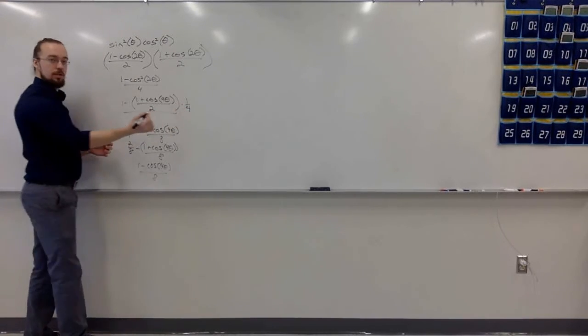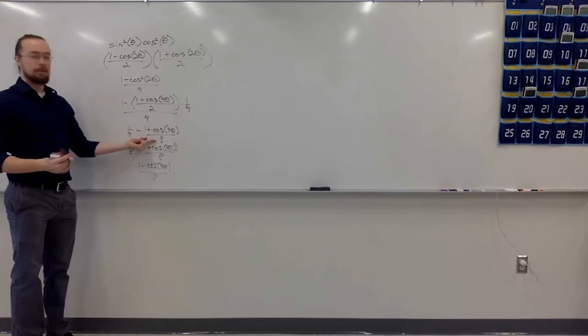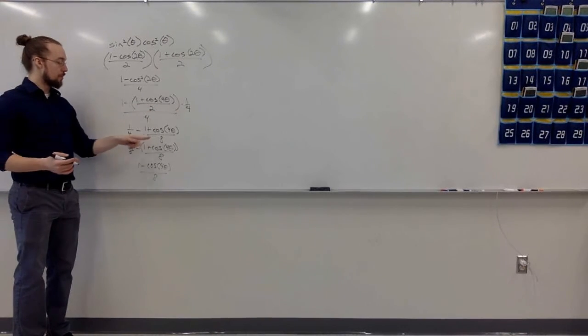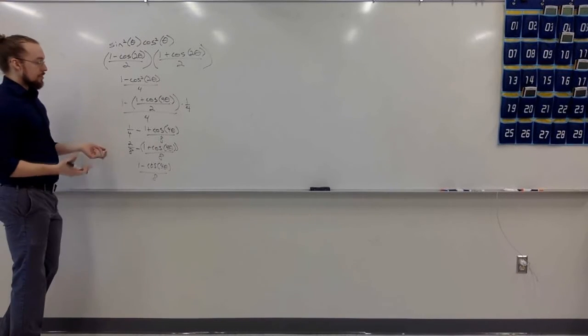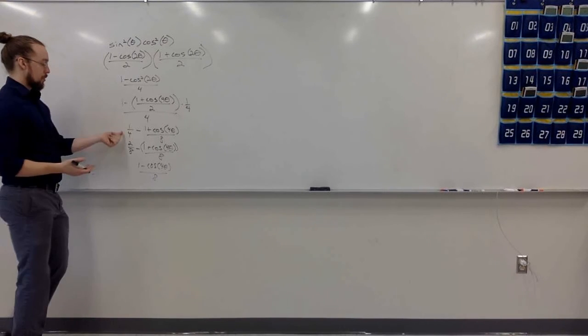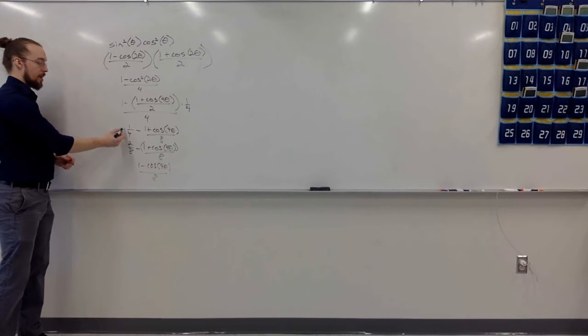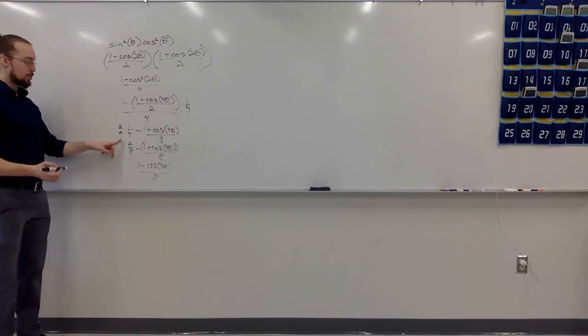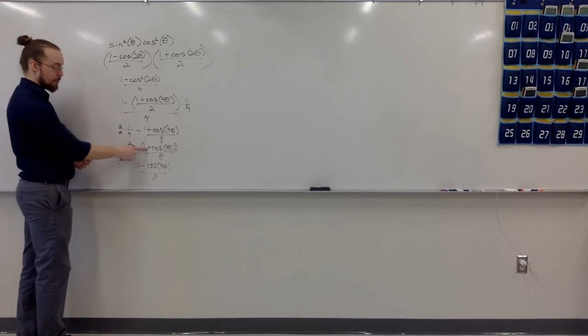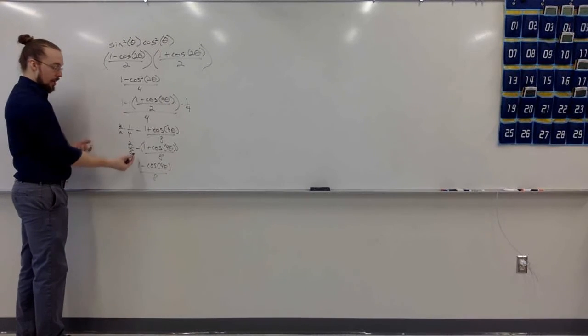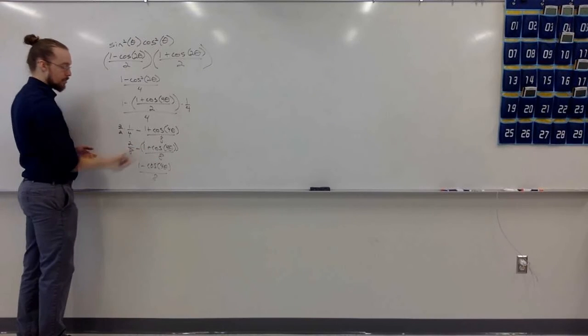So that's how I get 8 in the denominator here, 2 times 4. Then I combine these into a single term, so I multiply the top and bottom by 2 to get 2/8. If I do the subtraction, 2 minus 1 gives me 1, and then negative cosine of 4 theta.